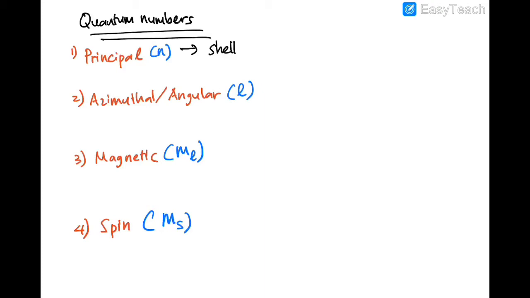So let's go back to Bohr's model of the atom. So we have a core that is made up of protons and neutrons. And then we have the shells. The first shell is the one that is closest to the core.